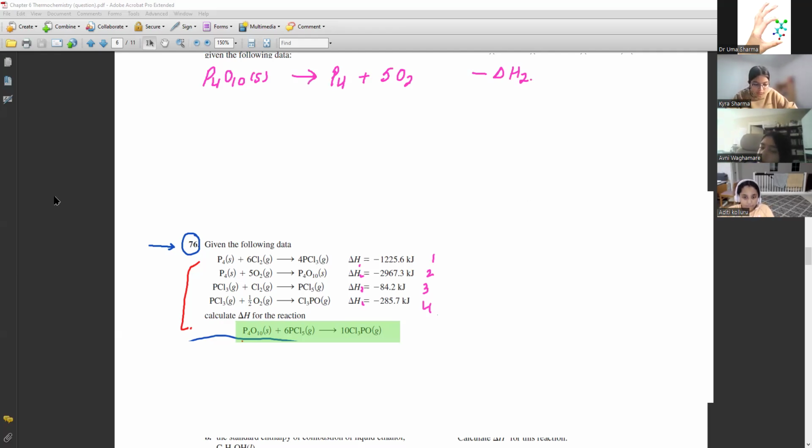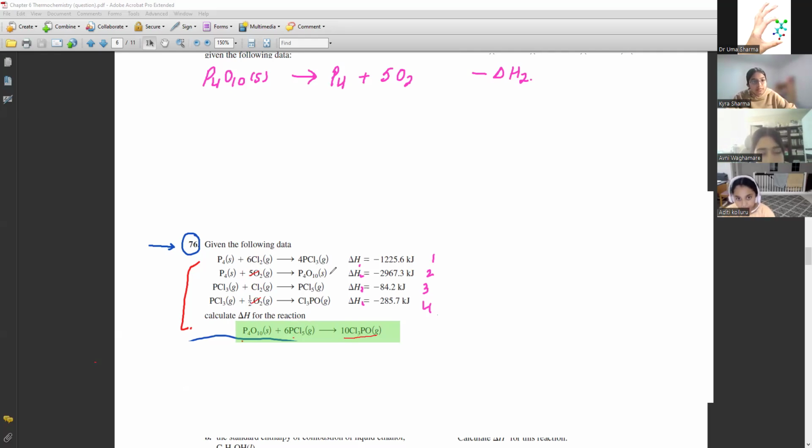Okay. Now, next, just pay attention to unique. Don't worry about O2. It will get adjusted. Don't worry about Cl2. It will get adjusted. What is the other unique? PCl5. Is it unique? Yes, it is unique.